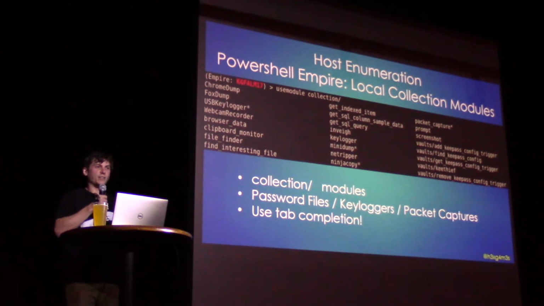You can set up keyloggers, webcam recorders, all kinds of weird, creepy stuff, really. You can do packet captures, which can also help with enumerating the network, but you're still just on a host here. And then any kind of file vaults. They've got some for KeePass. I don't think they've got LastPass or anything yet, but I know someone's probably working on it.